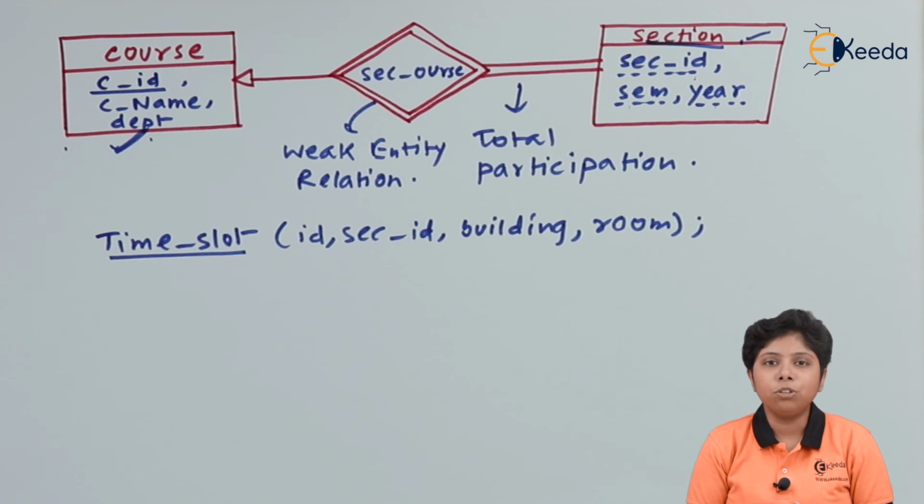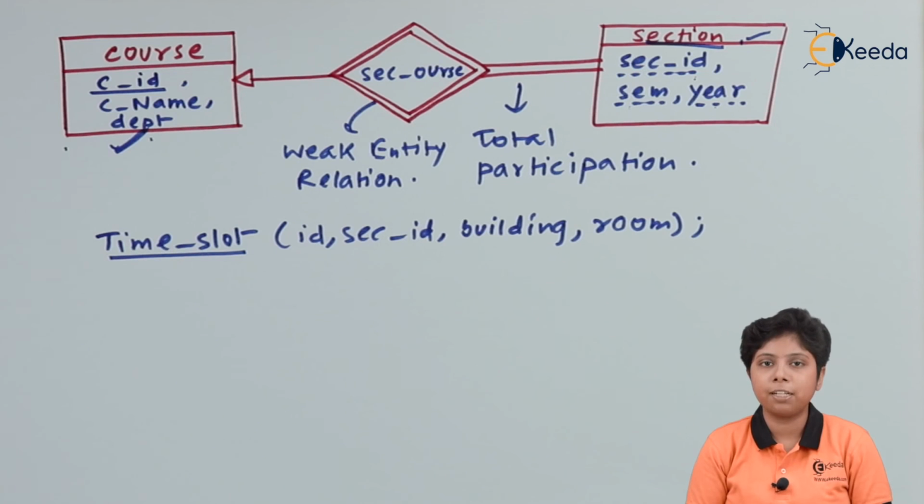Now, how do we combine it with the primary key of that strong entity set? The primary key of a weak entity set consists of the primary key of the strong entity set along with the discriminator of that particular weak entity set.